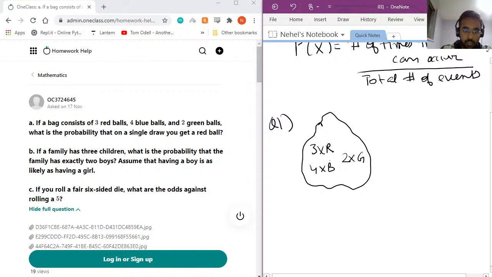What is the probability that on a single draw you get a red ball? So if we were to put our hand in this bag, what is the chance of us getting a red ball on our first trial?